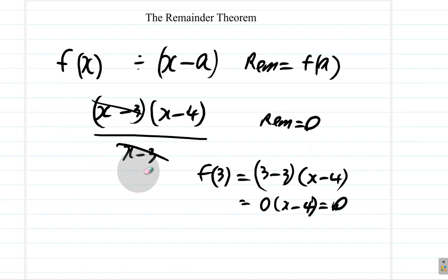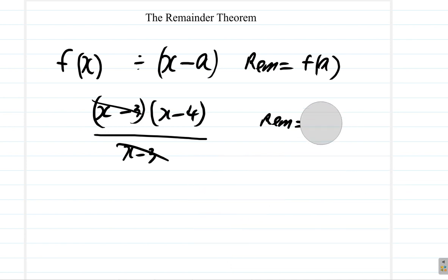Now, going to try a little thing. Suppose I do this now. I say plus 5: x minus 3 times x minus 4 plus 5 is divided by x minus 3. What happens here is this.